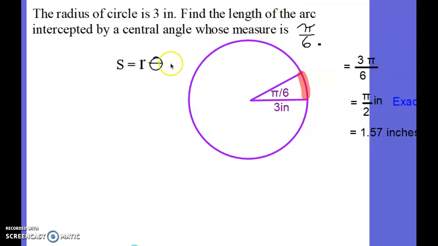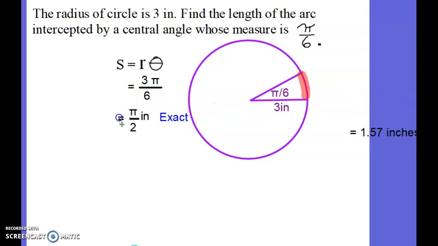They want to know S. So all we have to do is plug in 3 for the radius and pi over 6 radians. Notice that reduces to pi over 2 inches. That is how long this red arc is. And that is an exact answer.